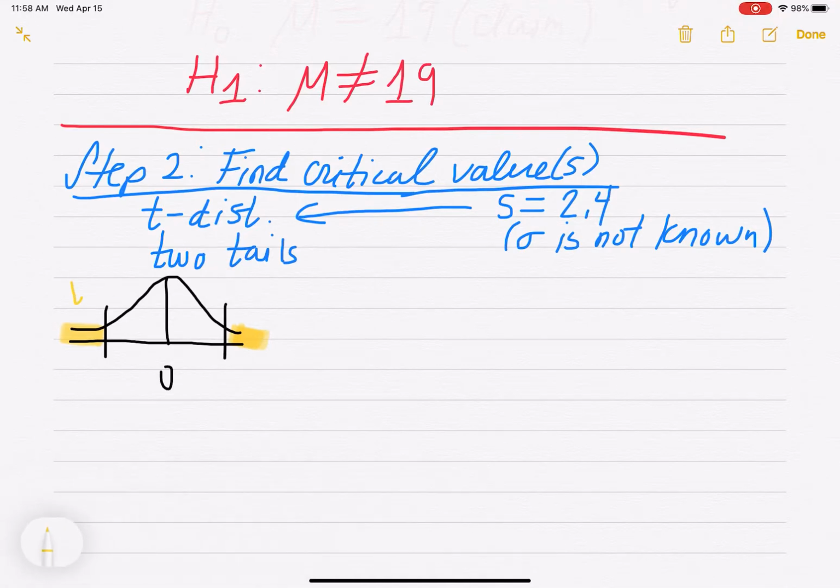So that's the probability of rejecting the null hypothesis when it's actually true. So that's the area in two tails. That's called alpha, 0.01. That's what we were asked to test at.